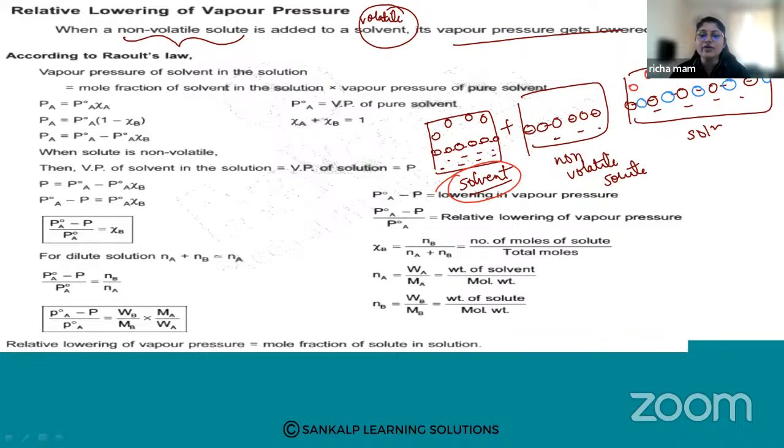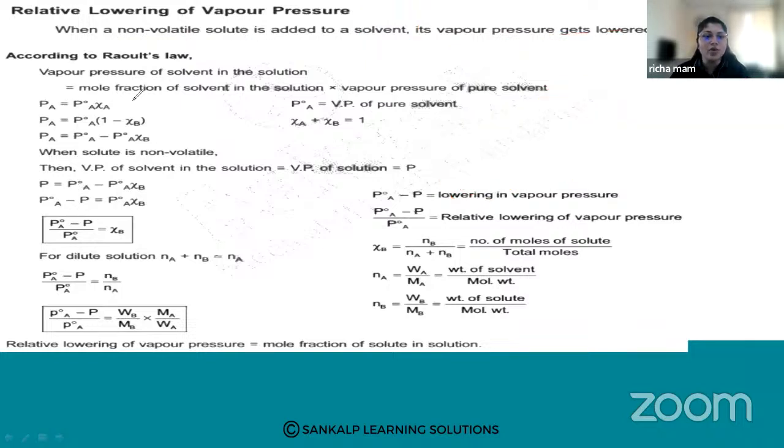As the number of vapors is less, the dynamic equilibrium reached will be lower, and the evaporation process will go at a slower rate. So the number of vapors produced will be less and the vapor pressure exerted will be less. This is about relative lowering of vapor pressure.